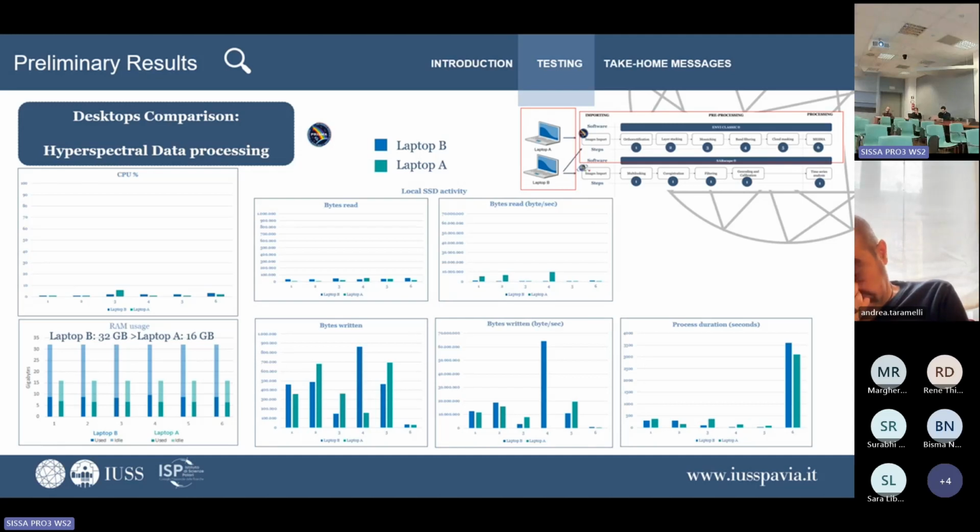This can be due to the small amount of data that we processed. But if we process a larger raster dataset, for example for an operational service, maybe also using different types of data in synergy, we can suppose that the processing duration will be affected by the amount of RAM, and the computational demand will be different.